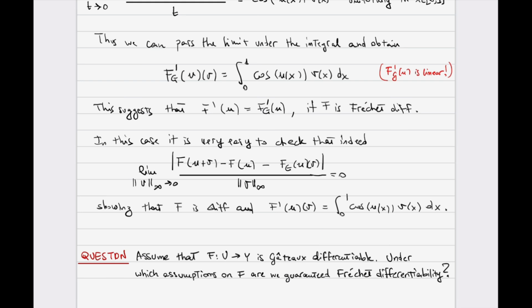If you replace the Gâteaux derivative in the definition of Fréchet differential, then you see that indeed this fact here is true. So the Fréchet derivative exists and is equal to this particular guy here.